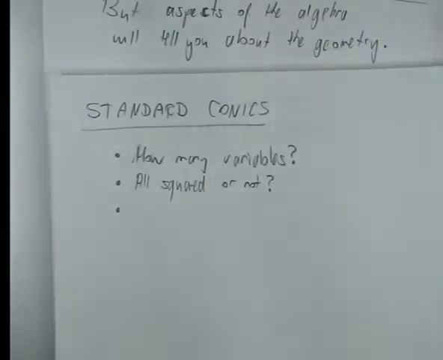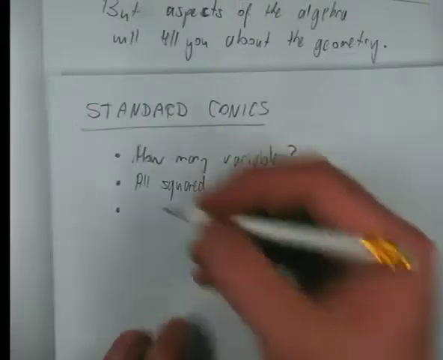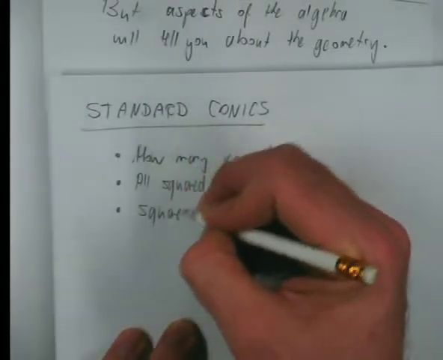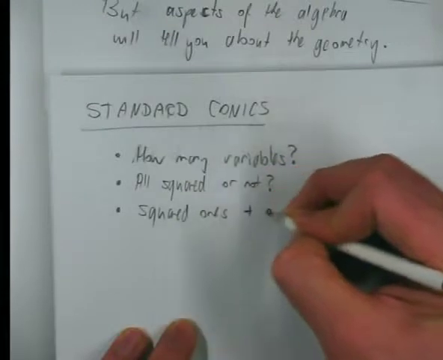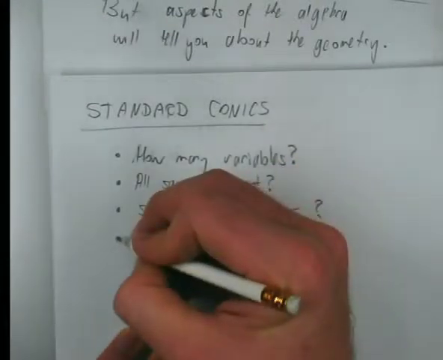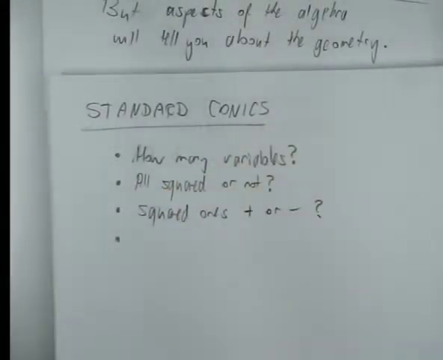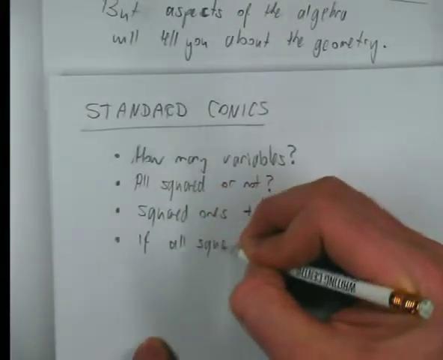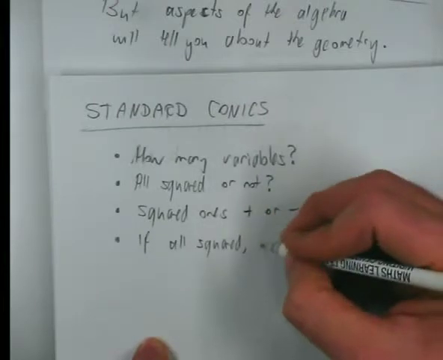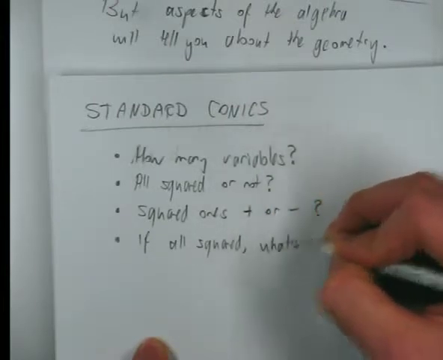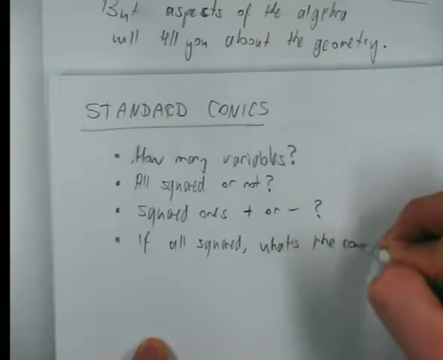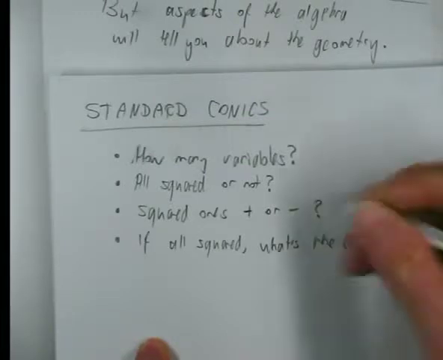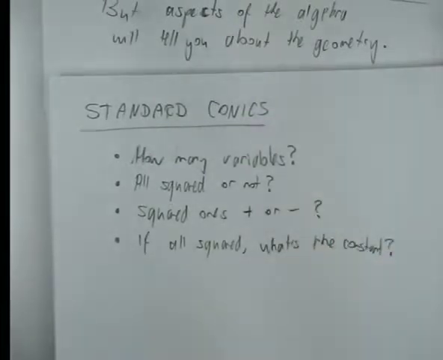If they're not all squared, so the ones that are squared, are they plus or minus? And if they are all squared, then what's the constant doing? Okay, they're the main questions you should ask yourself because that helps you to distinguish between them.